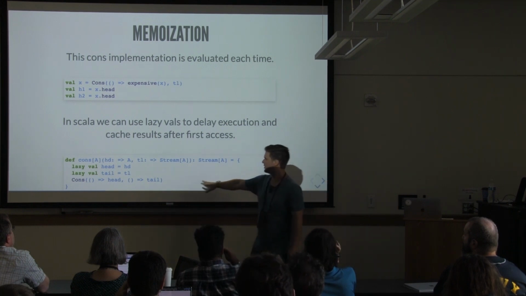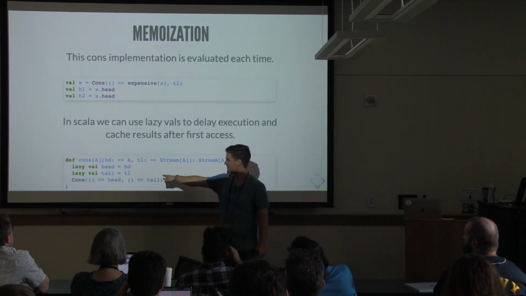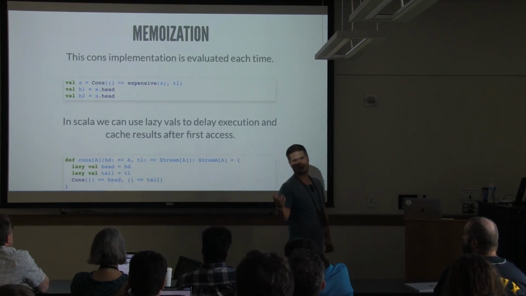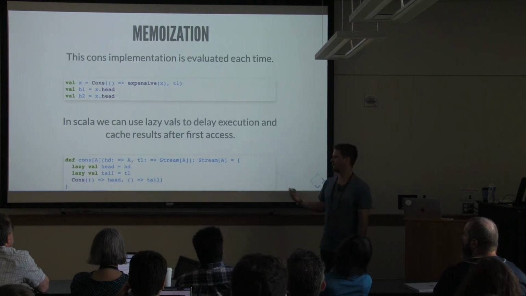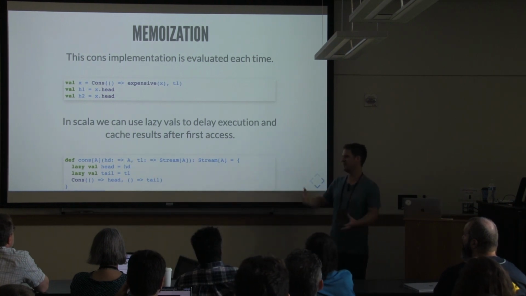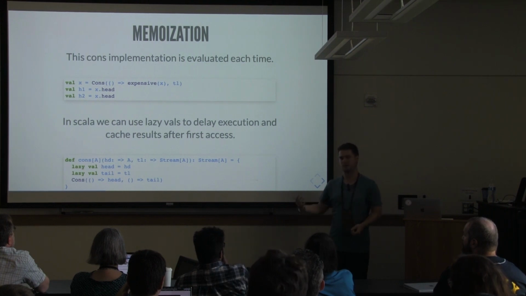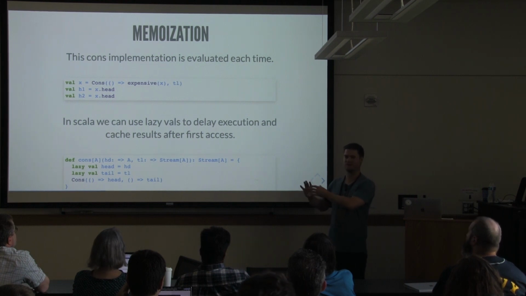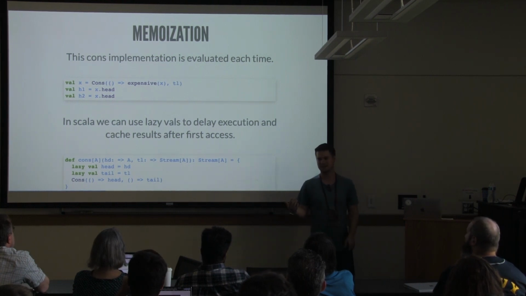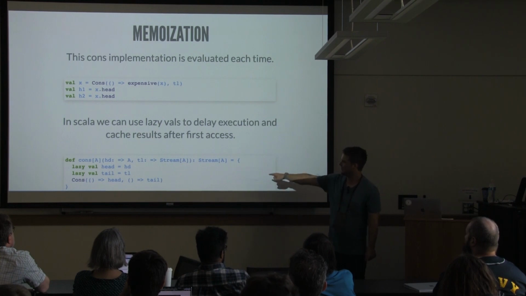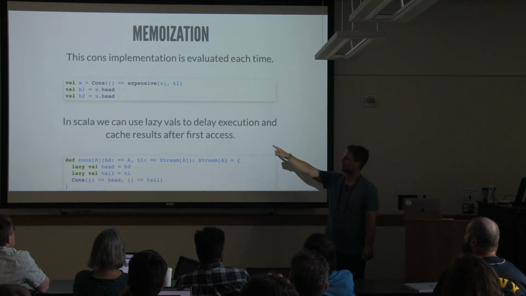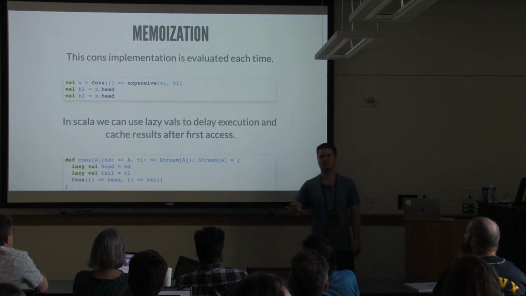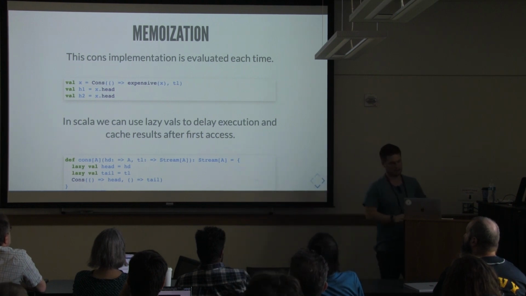By declaring these lazy vals here, when they are accessed and the computation is forced, Scala's runtime will behind the scenes turn that into a direct reference to the value instead of a lazy reference. So if we were using this cons up there, the second reference to x.head would be immediate and wouldn't recompute.